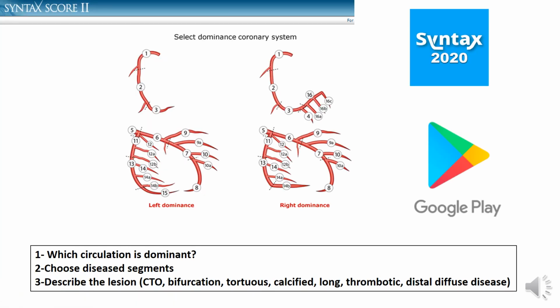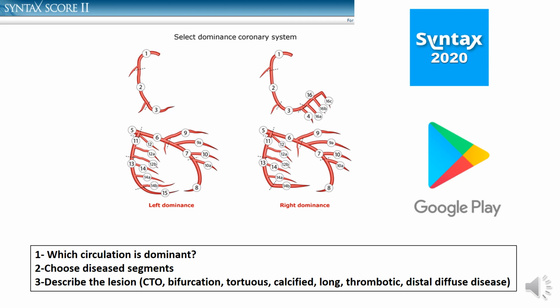We have the famous SYNTAX score, which is derived from a large trial comparing surgical treatment versus treatment with first generation Taxus drug-eluting stents in patients with multivessel disease or left main disease, and they developed a scoring system to give a cutoff point for when PCI is preferred and when CABG is preferred.